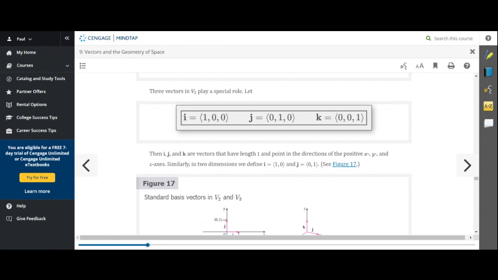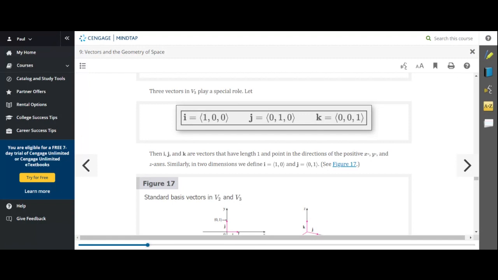The vector j, what axis is that on? Good, the y-axis. And the vector k is on the z-axis. Very good. So we call those standard basis vectors, and if you take linear algebra, Math 284, you're going to learn you can have different basis vectors for three-dimensional space.